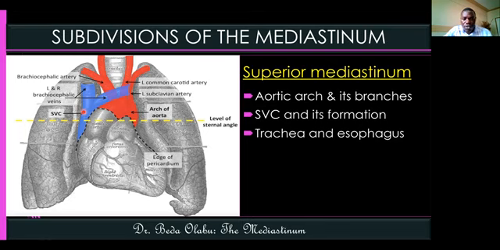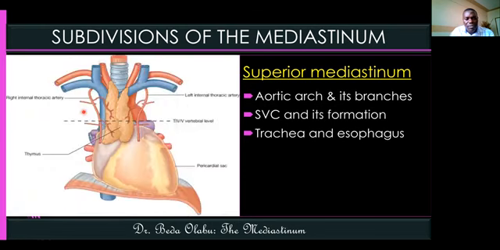The third content within the superior mediastinum is the trachea, which is the part followed by air. And behind the trachea, we have the esophagus. So the esophagus is the food pipe, of course, you know that, and trachea is the windpipe. Of course, you know that the trachea is going to the lungs, while the esophagus is going to the stomach.